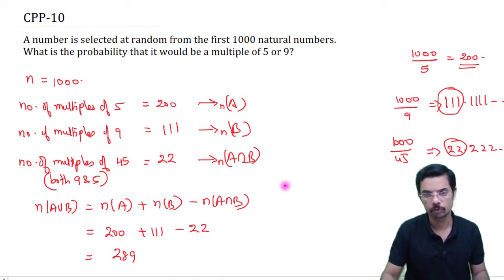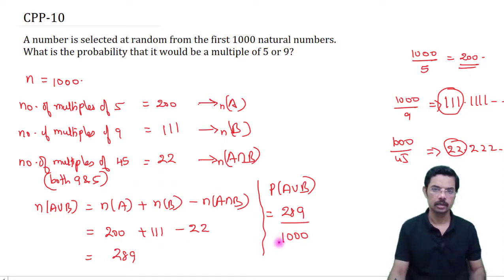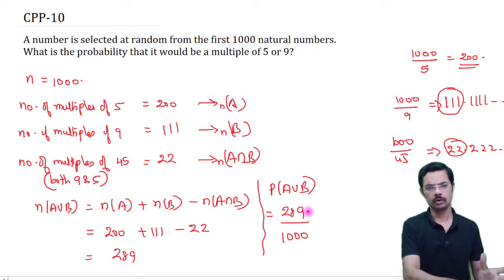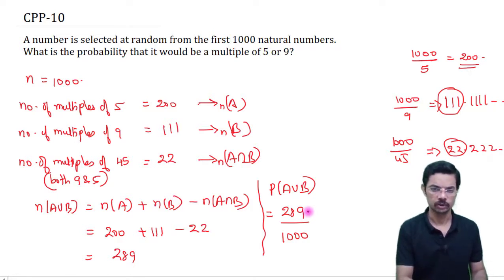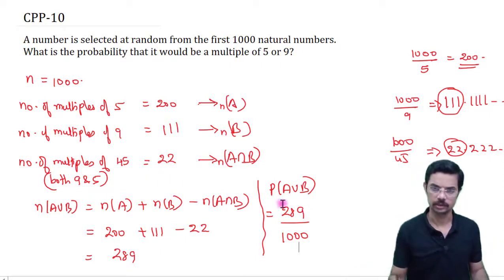So finally the probability of A union B will be equal to 289 divided by 1000, which is 0.289, or approximately 0.29.